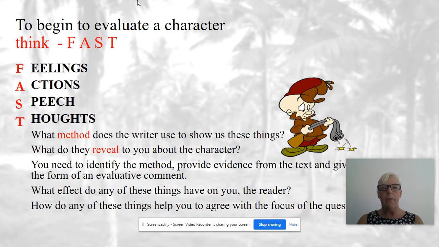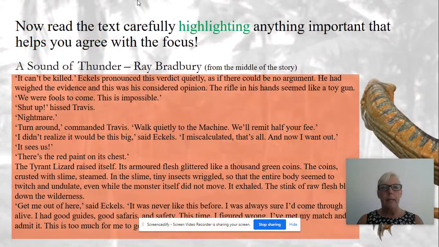Think about what effects any of those things have on you as a reader, and how they help you to agree with the focus of the question, always linking back to the question in our answer.